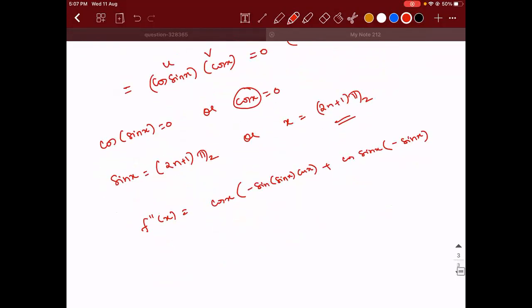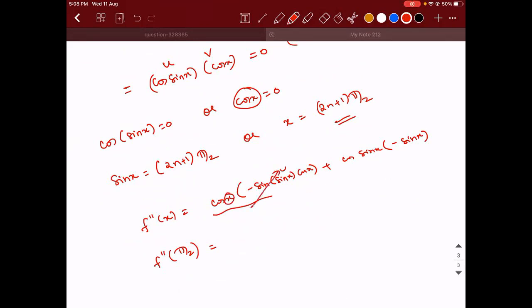Okay. Now what will be the value of f double dash of pi by 2? This will be 0, because x equal to pi by 2 is what you're going to put.